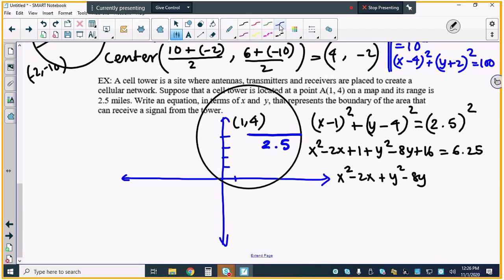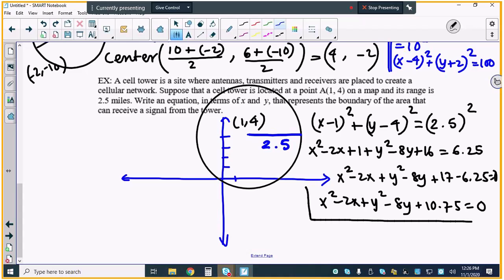Let me first write in plus 17 minus 6.25 so that we understand what's going on. And then x² - 2x + y² - 8y, and 17 minus 6.25 is plus 10.75 equal to 0. So that's the equation of the region that is bounded by the circle that will receive the transmission sent from the location (1, 4).